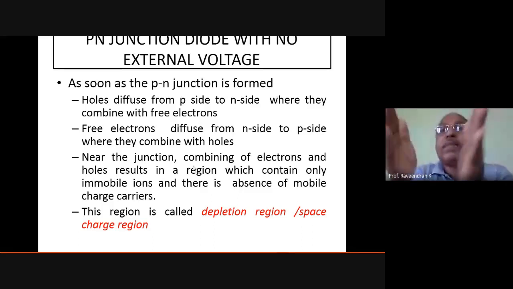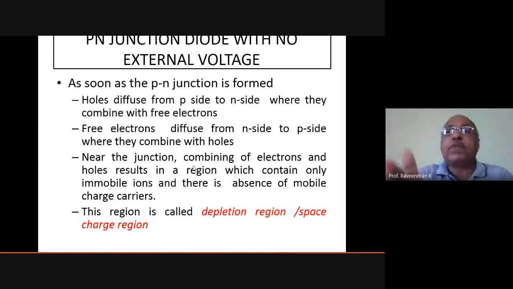There will be a recombination of electron hole pairs creating a positively charged ion, which is immobile in nature. So these immobile ions diffuse into either side, creating a region. Usually that region is called the depletion region or space charge region.